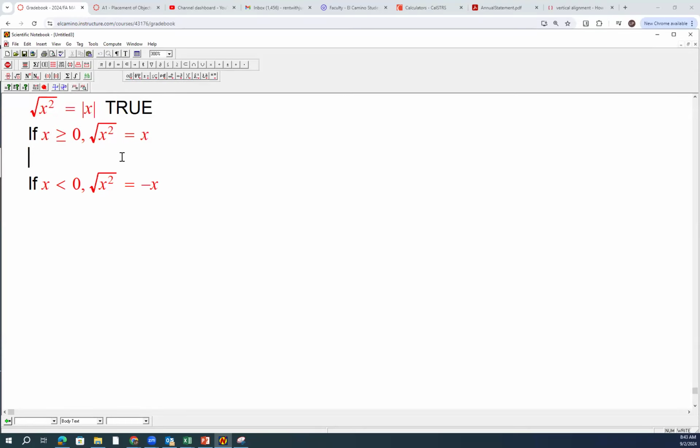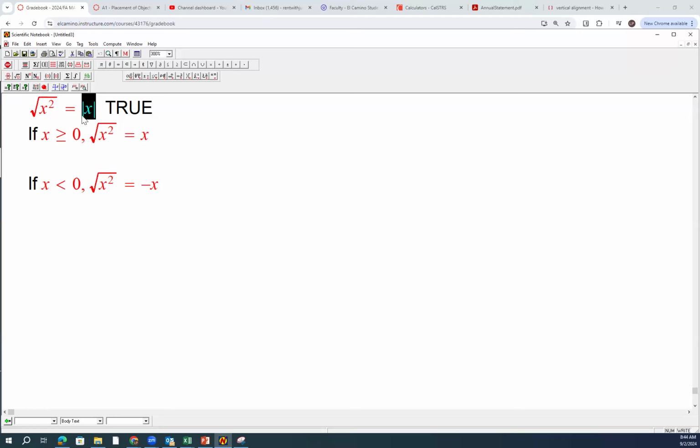If we use this to test drive, it works every time. It works every time because when x is positive or 0, the absolute value of x is the same as x. When x is negative, the absolute value of x is its opposite.